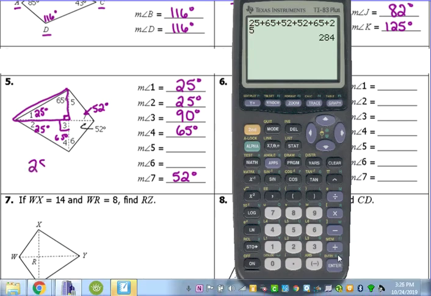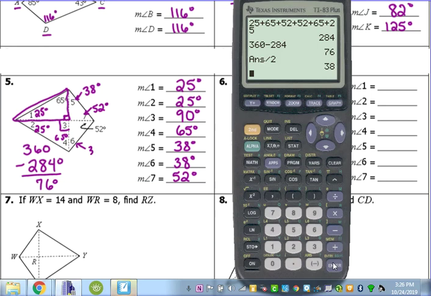So right now we have 284 degrees, but we need to take that away from 360. And that leaves us with 76. 76 is the total of 5 and 6 together, but they're the same angle. So if we divide that by 2, we get 38 degrees for each of those.